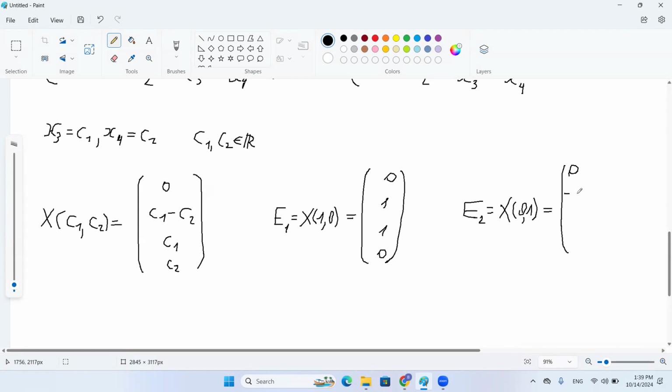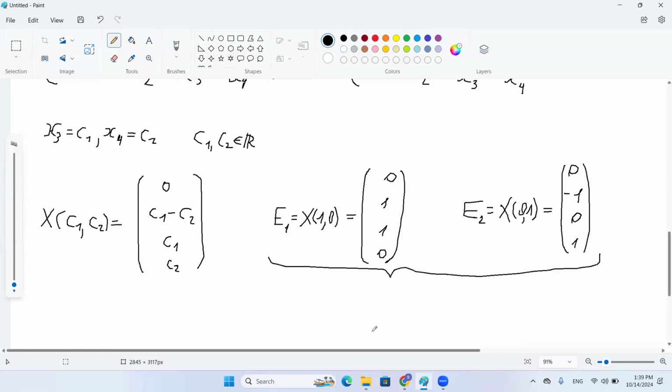And then minus 1, 0, 1. And this is the basis actually for this linear space. Of course, any other two partial solutions can be a basis, but it's the easiest option to find it.